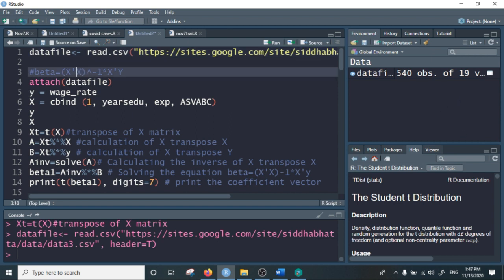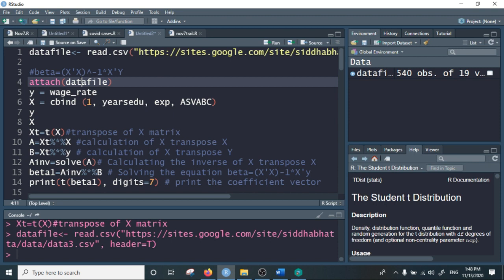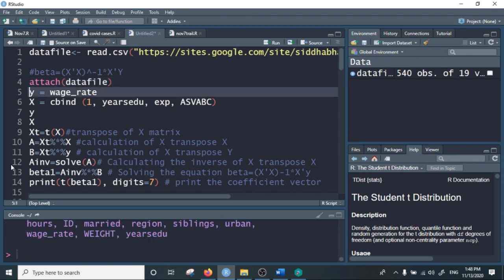Our goal here is to first find the beta vector by multiplying x transpose and x and finding its inverse, and then multiplying the result by x transpose times y. First we will define the x matrix and y vector. The y vector is the vector of the dependent variable.